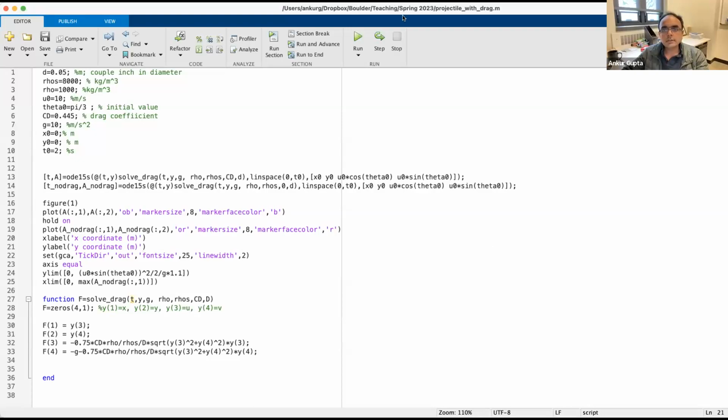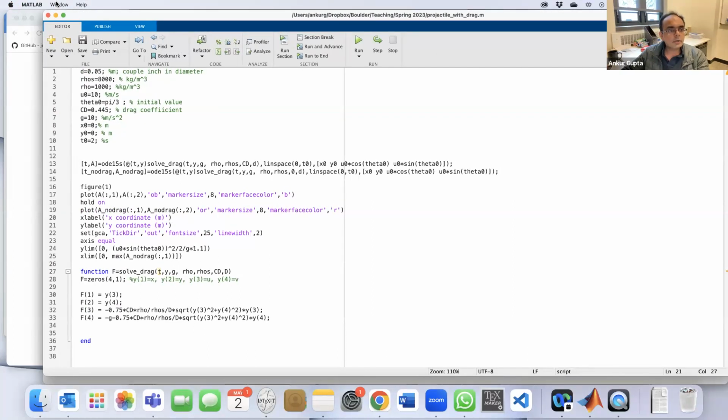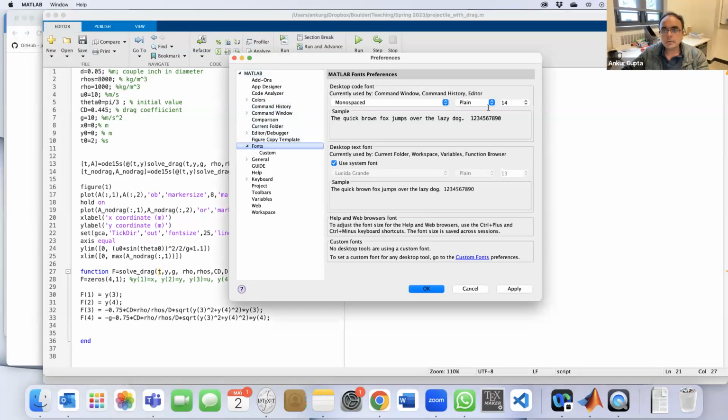Actually, let me just share the full screen. Yes, so here we are. This is the MATLAB code. Let me increase the size here to make it easy to see.